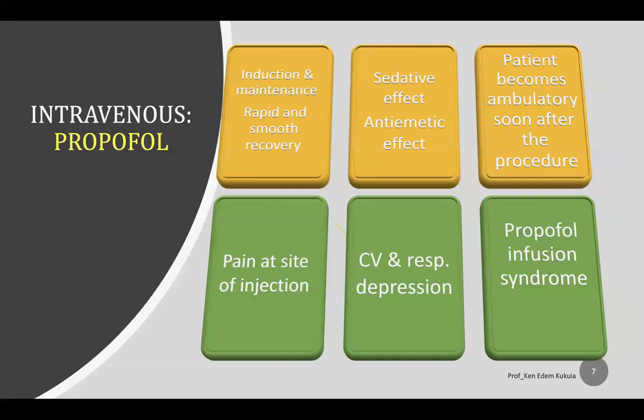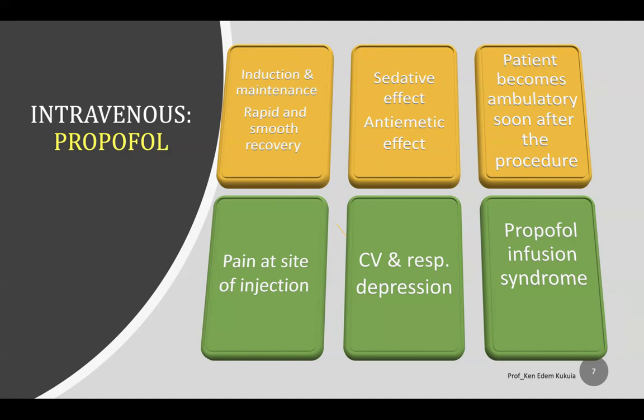So the first intravenous general anesthetic would be propofol, a very popular general anesthetic agent. It is popular because, one, we can use it for both induction of anesthesia and maintenance. So we use it to induce that loss of consciousness and to keep the patient in that state until we are done with the surgery.